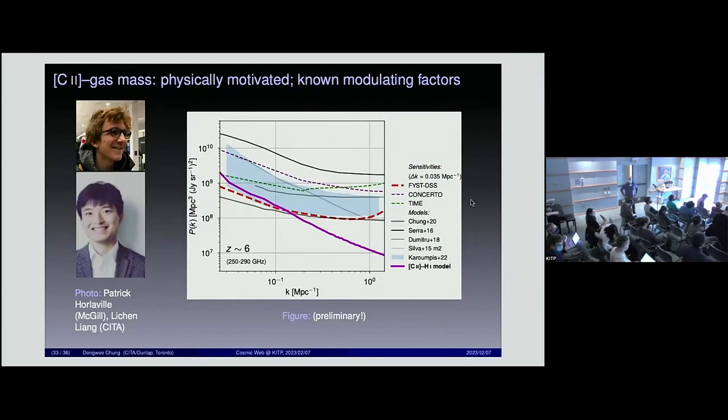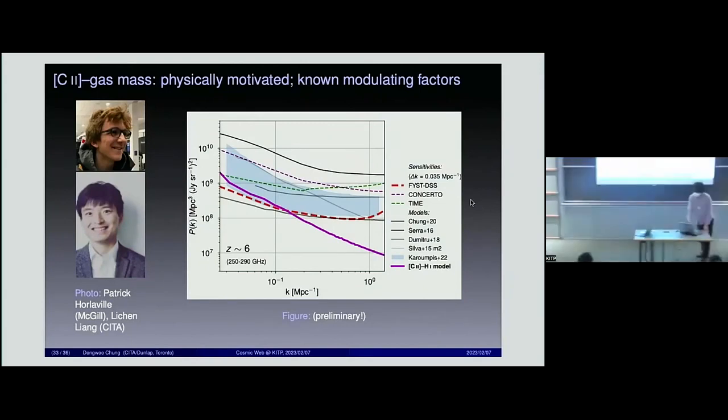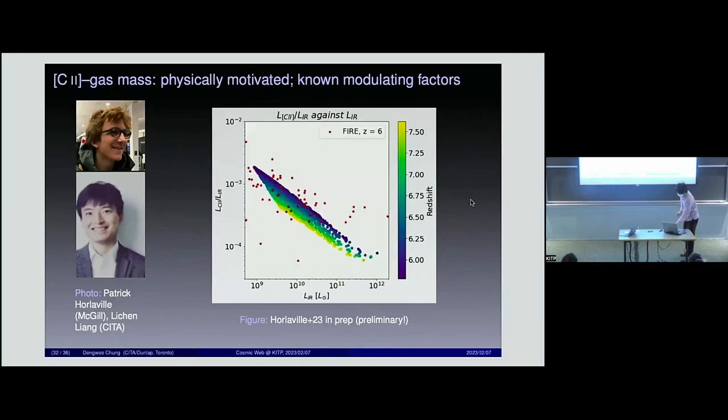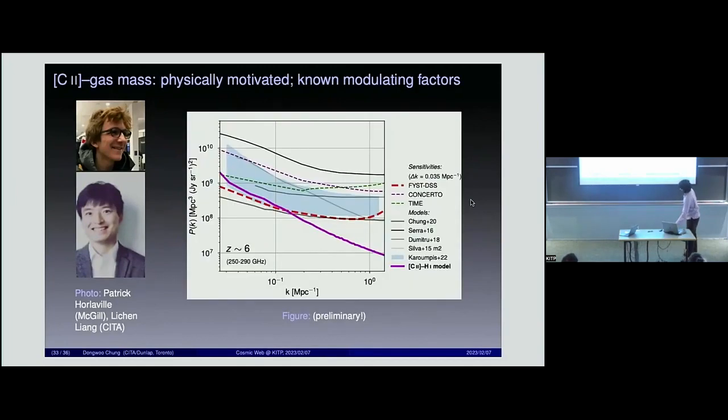So one of the reasons is the different prescription of stochasticity in the C2 luminosity. A lot of these other models prescribe a certain amount of duty cycle in the C2 emissions, or some kind of scatter around the average relation. And that is going to contribute to the Poissonian noise that you get in the power spectrum.